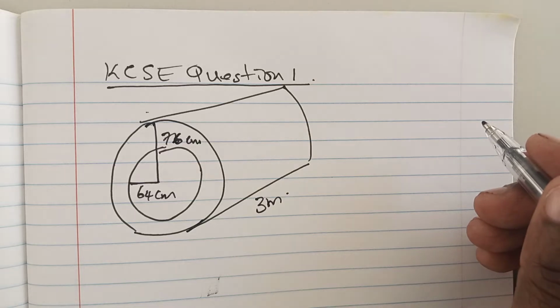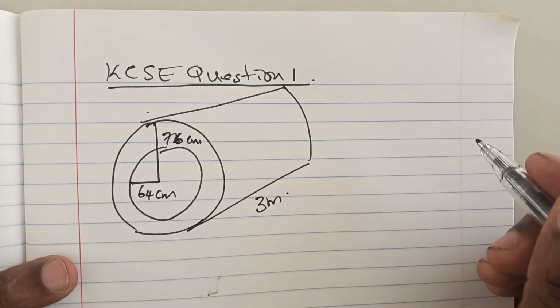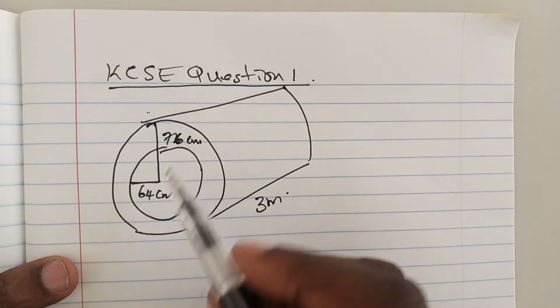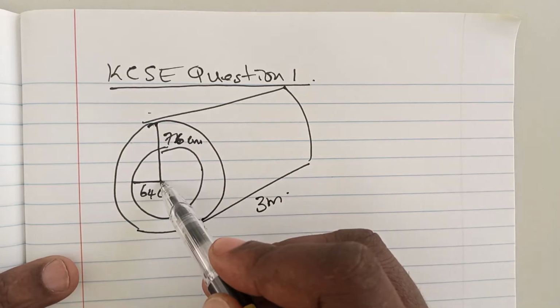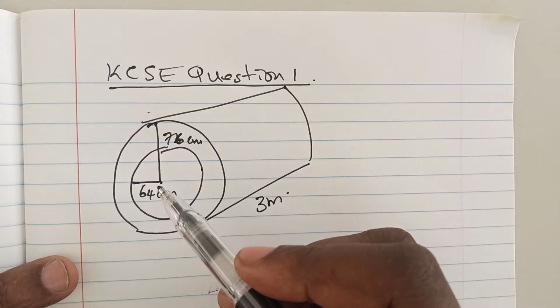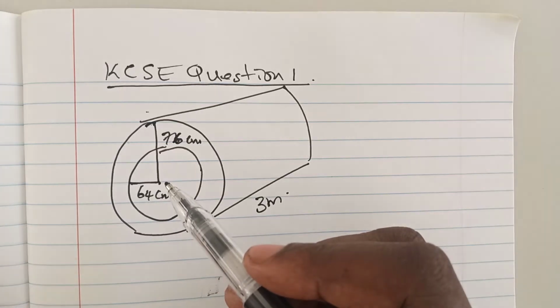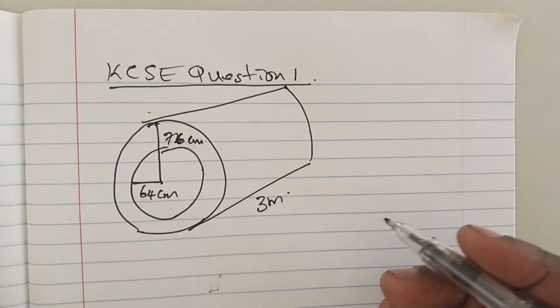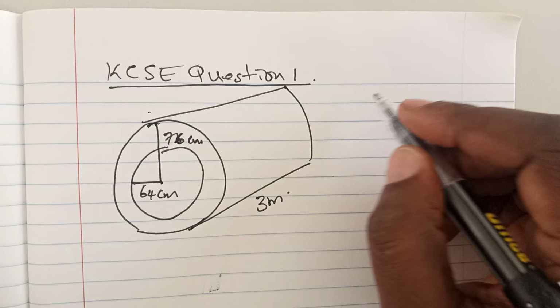What we have here is a cylindrical shape. Of course, it is hollow. There is the outer radius and the inner radius, 76 and 64 respectively. So we need to calculate the density.